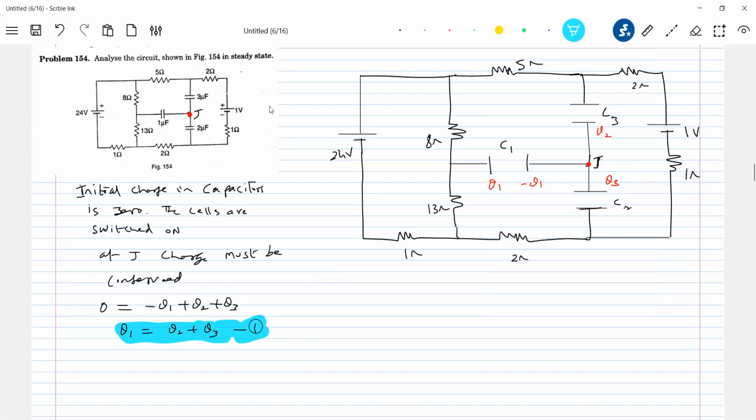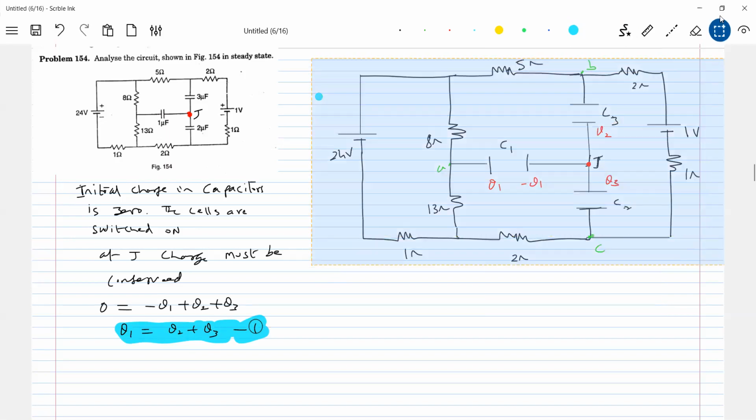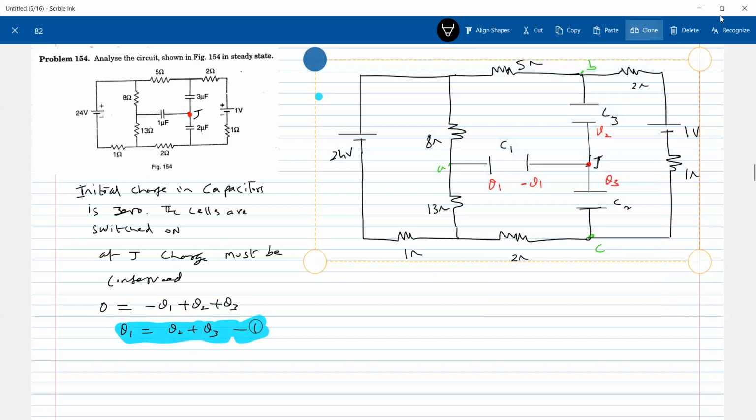Now what are the two more equations? Writing loop equations. Just look at the points here. These are the points A, B and C. How will the circuit behave at steady state?